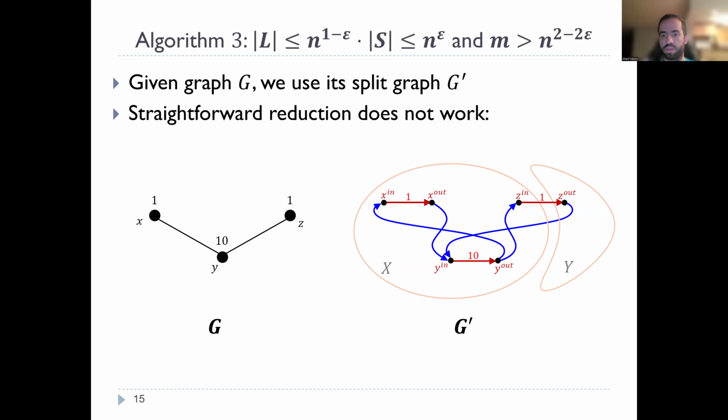For example, you can see here, if we consider the cut in the split graph that has z out on one side and the rest of the nodes on the other side, this cut is the minimum cut, but it does not correspond to any vertex cut.